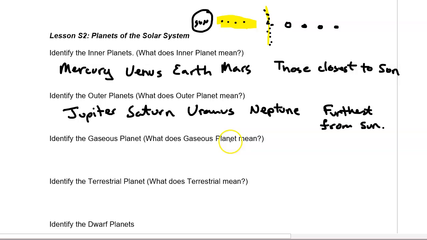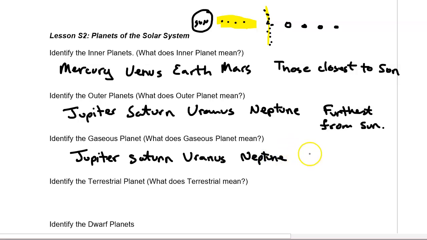Okay, so next question, we're asked to identify what the gaseous planets are. The gaseous planets in our solar system are Jupiter, Saturn, Uranus, and Neptune, which means these 4 planets are mostly made of gas.